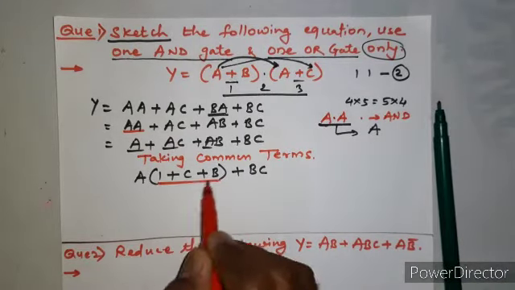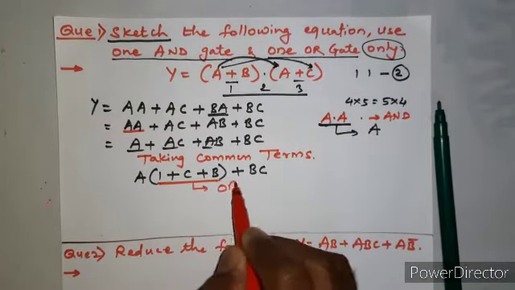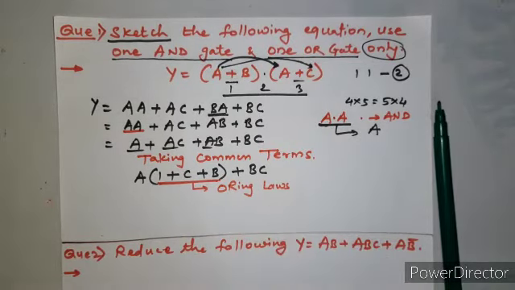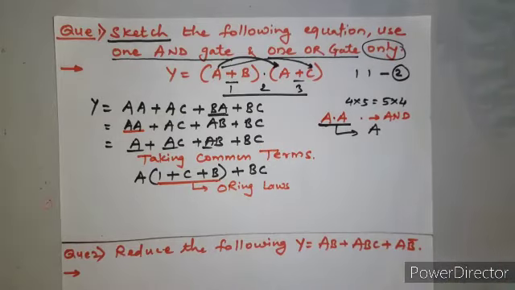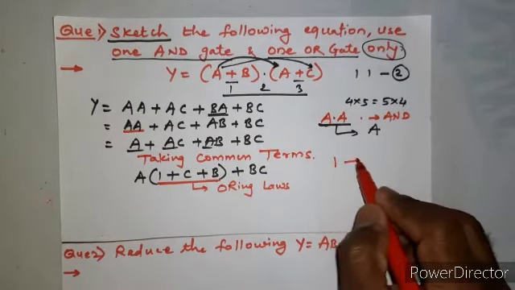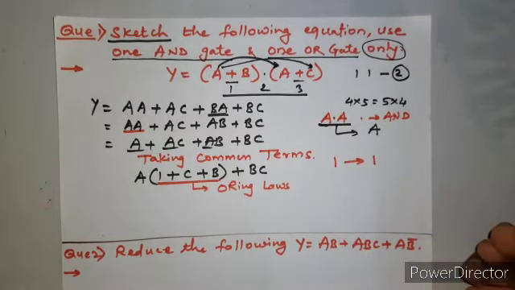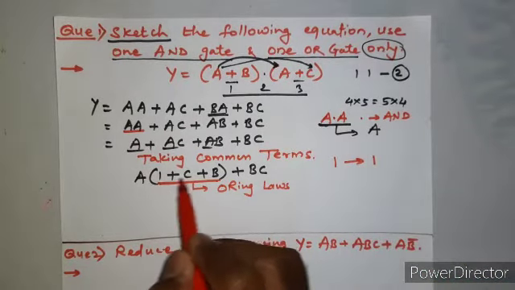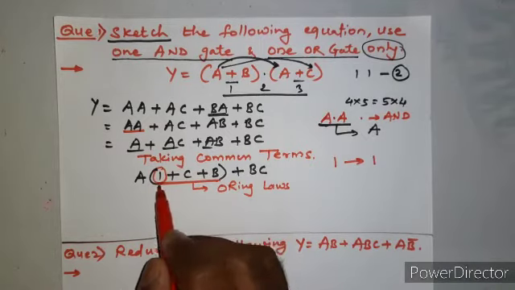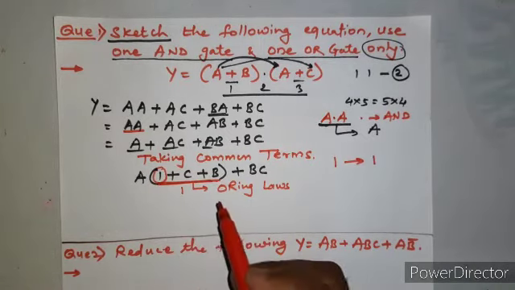Now at this equation we are using ORing laws. You might have seen the truth table for the OR gate. It states that if any of the inputs is 1, the output is 1. You see here, for these 3 inputs, the input here is 1, so this complete term is reduced to 1.